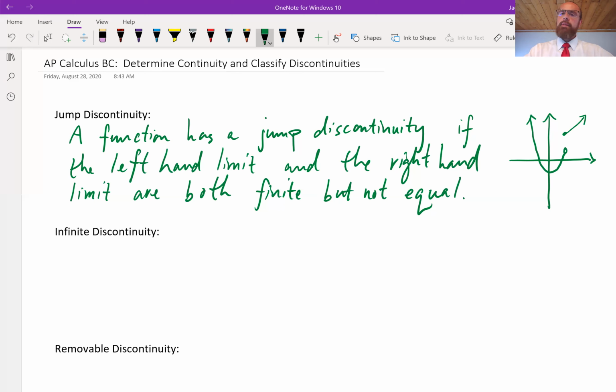So note here that these two spots, this x value, the limit from the left is finite, so it ends at a certain x and y value, and the limit from the right ends at a certain x and y value, but they aren't the same y values. There's a gap in the graph. It's like we would have to, if we were to get from the parabola to the line, we would have to jump. So that's a jump discontinuity.